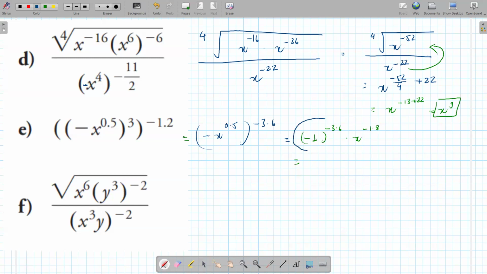Can you do this on a calculator? Will that spit out an answer, or a calculation error? Error. Why?